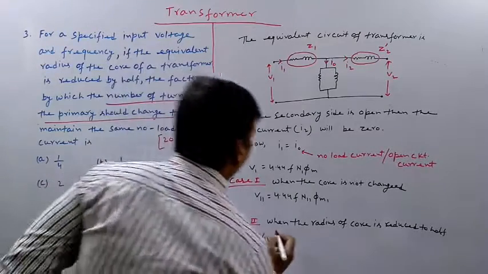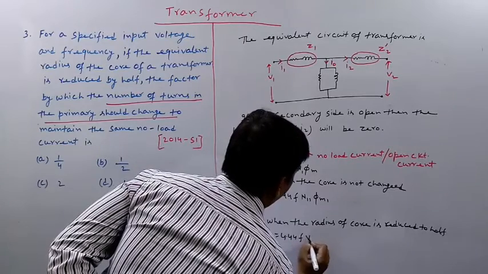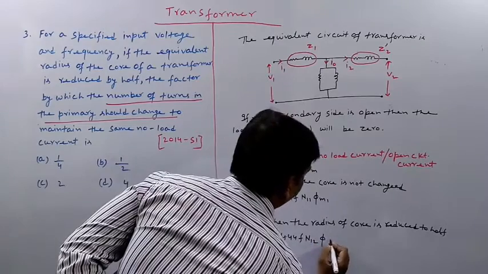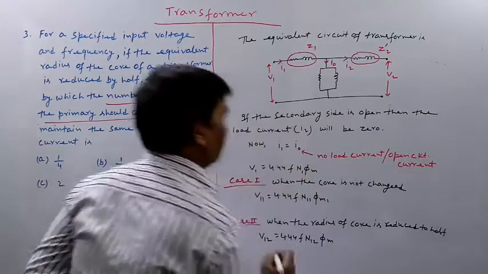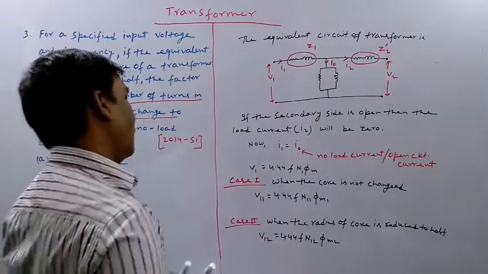So V12 will be nothing but 4.44 f N12 phi m2. Now what is N?